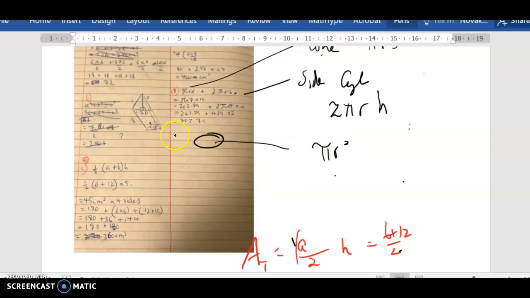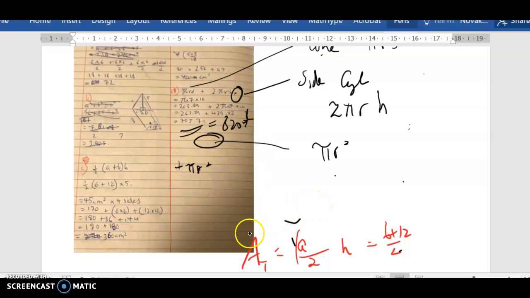So if we add an extra pi r squared, with the radius of 7, and 49, that's about 120. That will get him up to about 820 plus, which is in the solution.